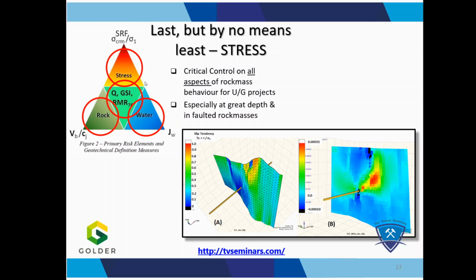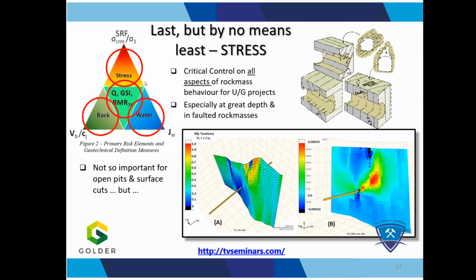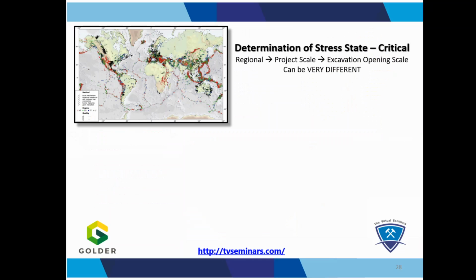We must get our in situ stress values correct and our boundary conditions correct. Otherwise, our models produce rubbish. Stress is of lesser importance in open cuts and surface excavations, where gravitational conditions control. But as we transition to crown pillars, we get clamping, and stress becomes important.